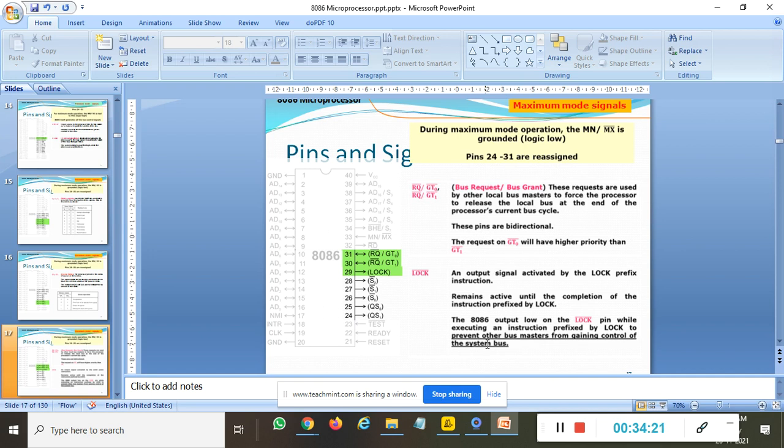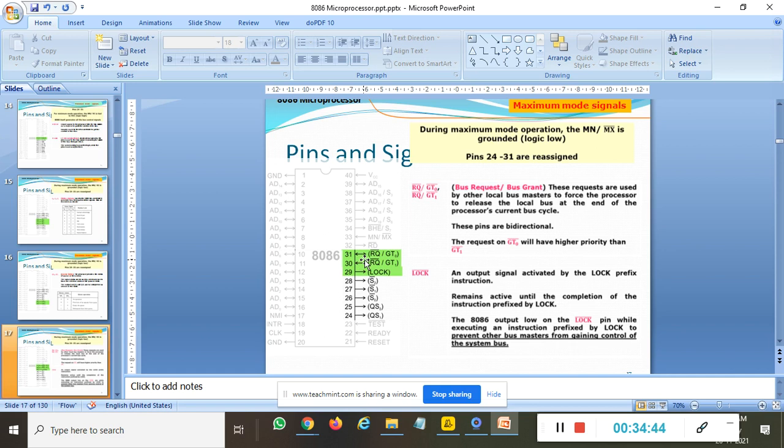These requests are used by the other local bus master to force the processor to release the local bus at the end of the processor's current bus cycle, and these pins are bidirectional pins. Pin numbers 30 and 31 are the bidirectional pins.